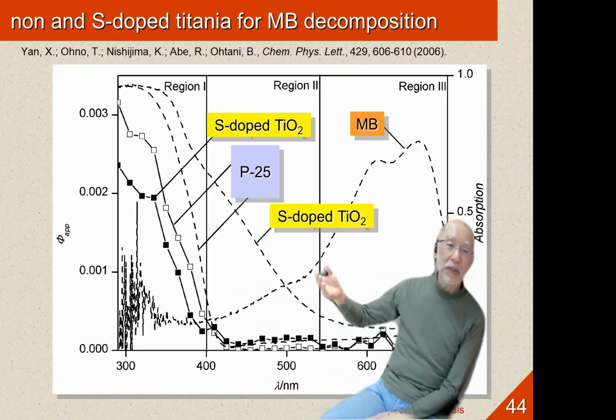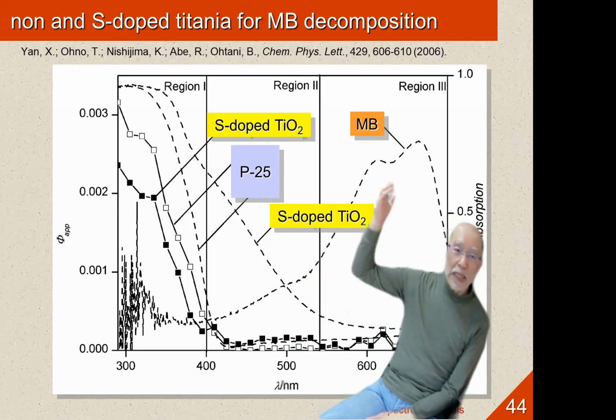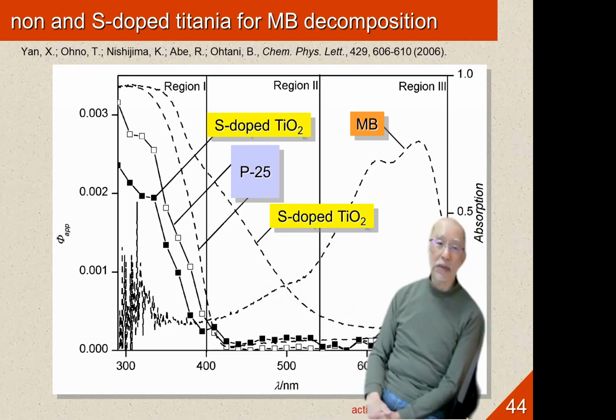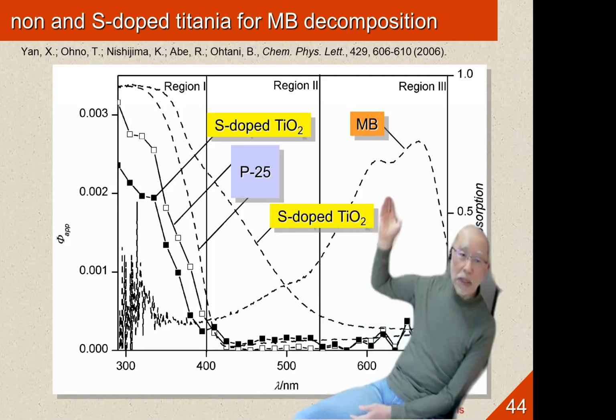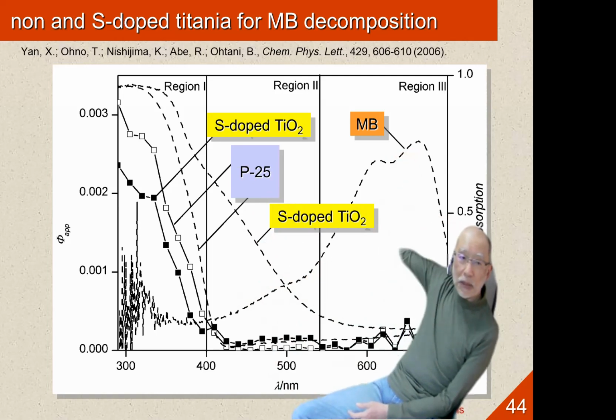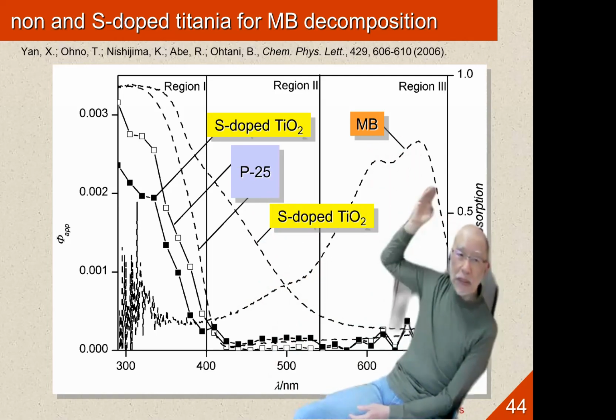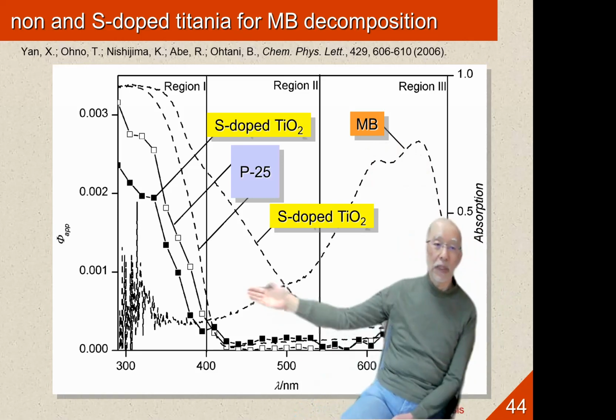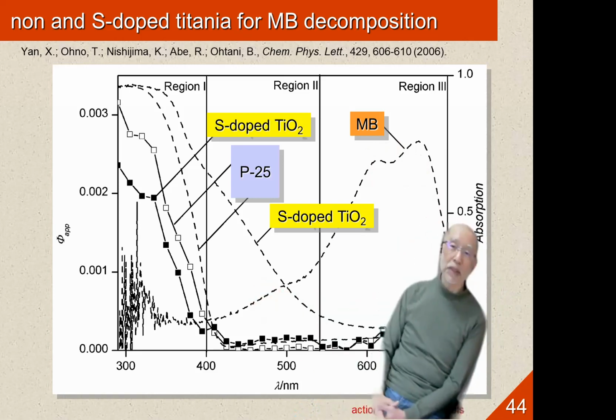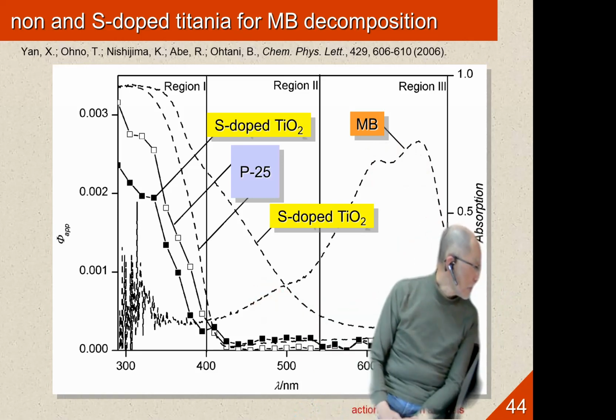And methylene blue is a blue colored dye. That means it absorbs the red part mainly. So therefore the blue color remains.